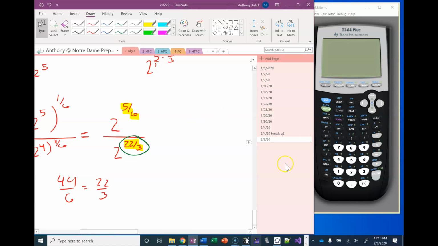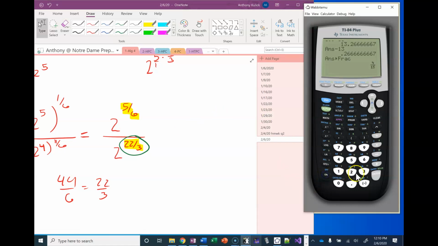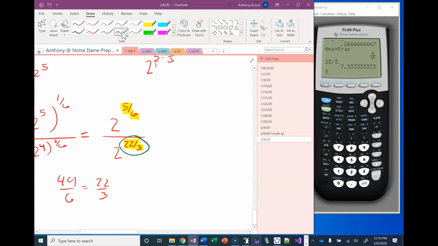22/3 is what as a decimal approximately? 7.3 repeating. What's the next whole number after that? 8. 8 is the same thing as 24 over 3. You guys agree with that? So I'm going to multiply the top and bottom of this by 2 to the 2/3.